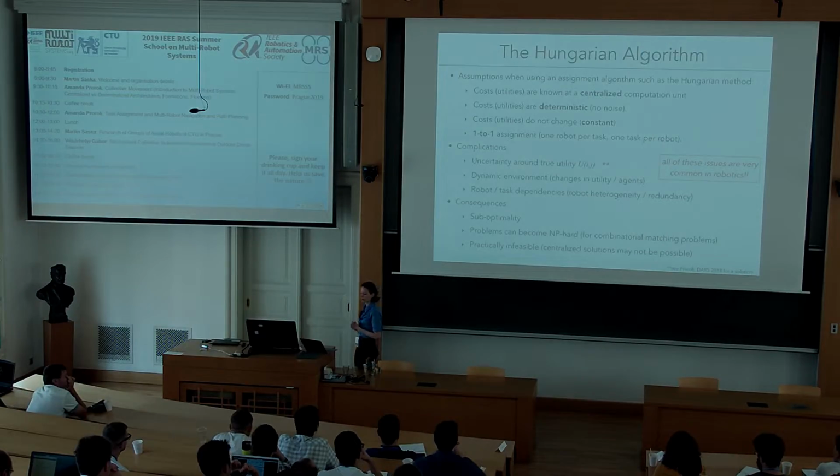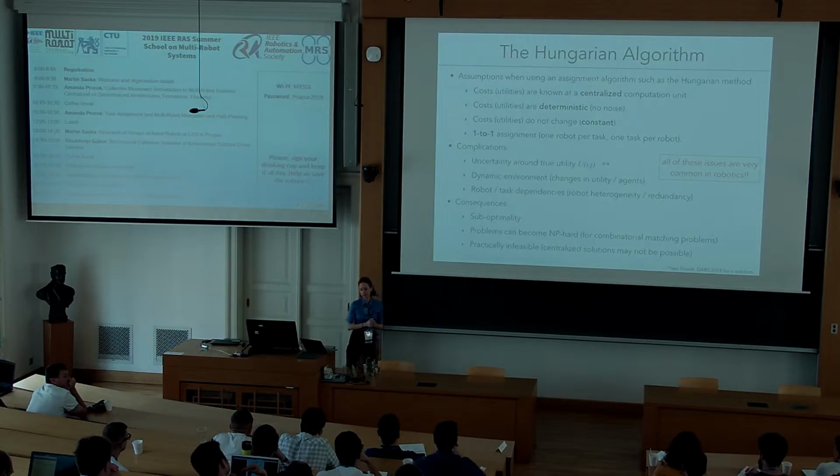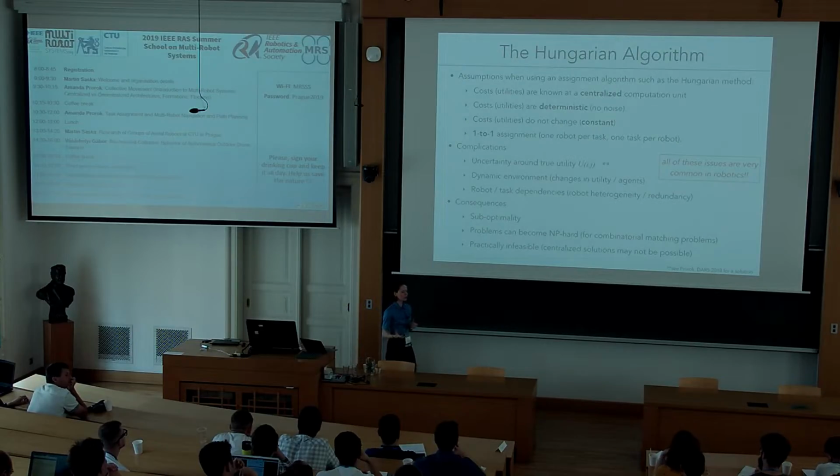And if we try to take them into account, the problem is that they become NP hard to solve for a number of reasons. Hence, a lot of the problems that we're really interested in solving become practically infeasible.